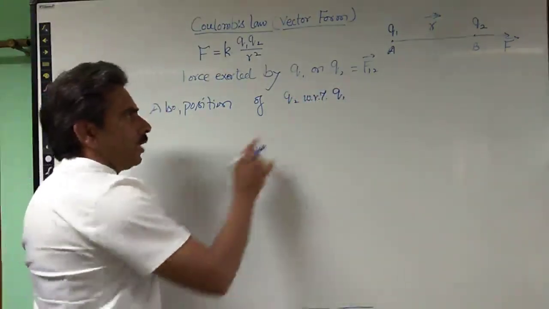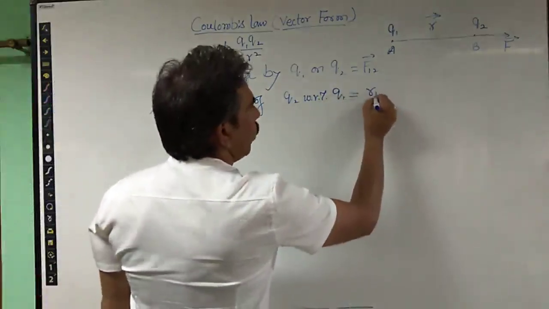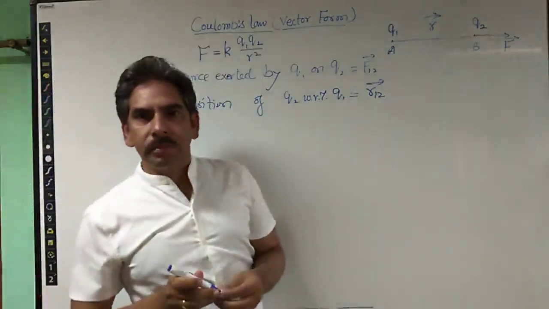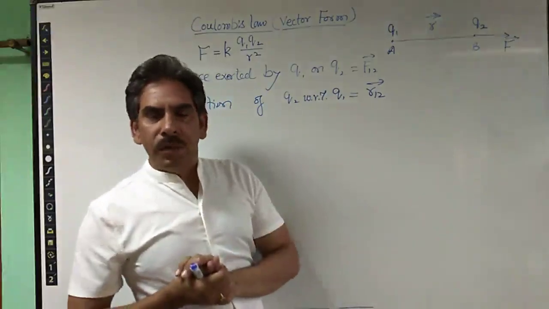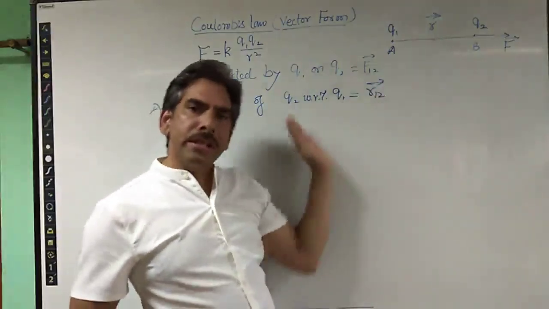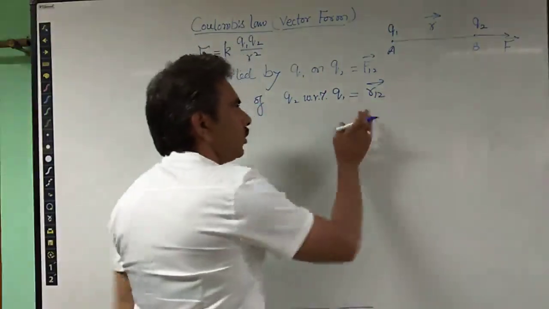I am giving it the name r12 vector, the same symbol, without getting it confused. So what is the position of q2 with respect to q1? It is r12. So this is the vector.